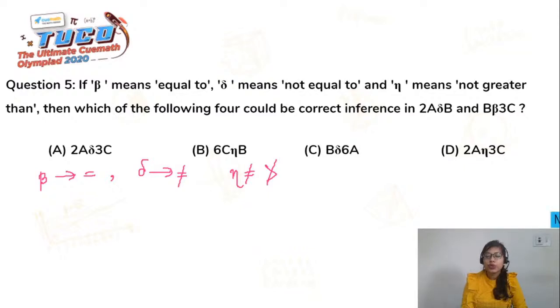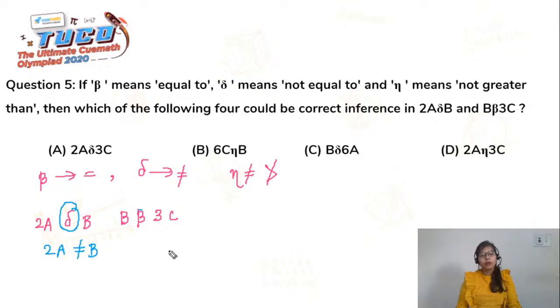So carefully see guys, what is 2a delta b going to give us? We know that the meaning of delta from here was not equal to. So can I just replace this with not equal to? So 2a is not equal to b. Okay. And it's also told b beta 3c.